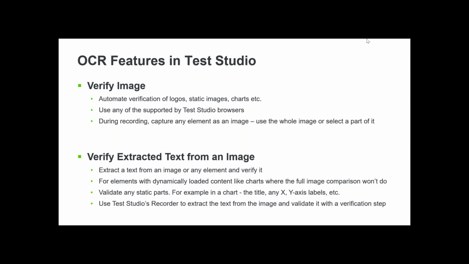It's a very useful feature, and you can validate and verify even a static part of this chart, for example the title or the axis labels. You can use the extraction step, create a variable, and then even reuse this variable in another test.